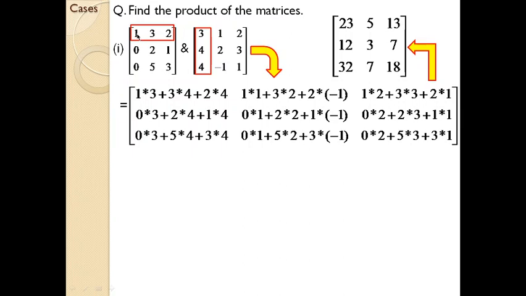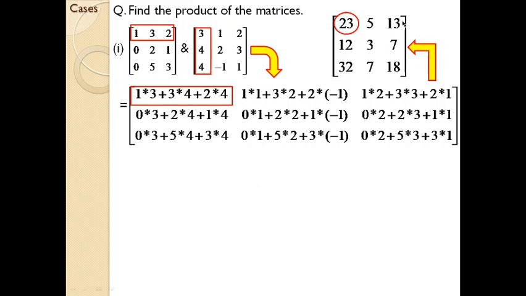So when you are multiplying, multiplication means 1 into 3, 3 into 4, 2 into 4, only that much. You got the first element of the new matrix. So if you solve these numbers within this red rectangle, you will get 23. So you got the first element of the new matrix.